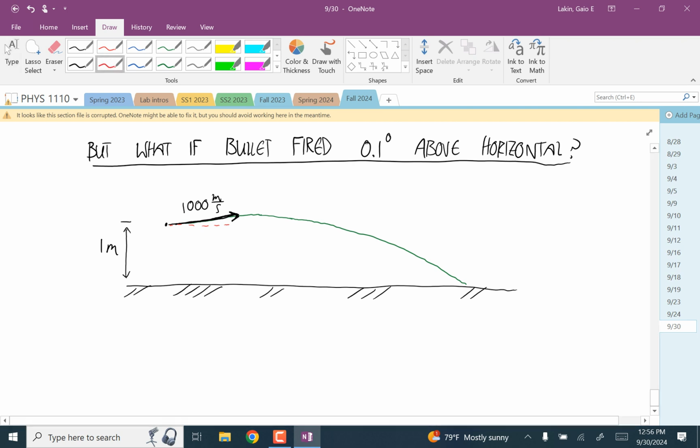Okay, so go through the same steps. So there's the coordinate system. Time equals 0 is going to be when it's fired. Time final is going to be when it reaches ground level.